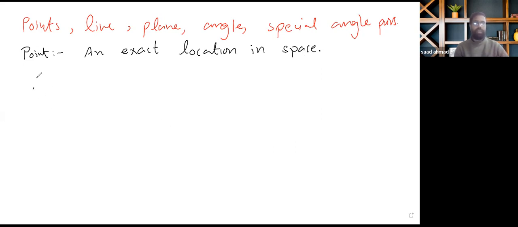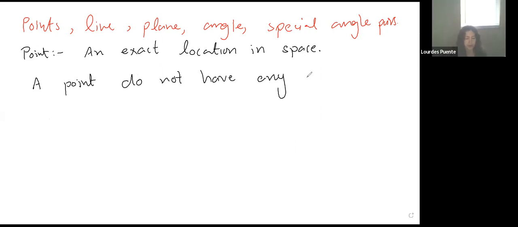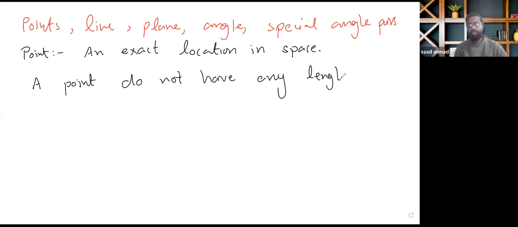A point does not have any length, width, or height. Okay. And it does not take any space.